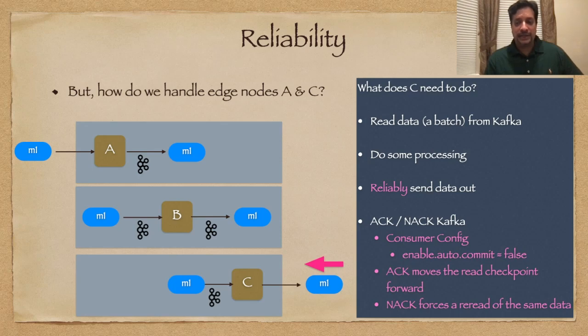If it receives that, since we've disabled auto commit, we've set it to false, the process, C, will need to manually acknowledge back to Kafka so that the checkpoint for read is moved forward. If there are any problems, process C will negatively acknowledge Kafka, which will force a reread of the same data.